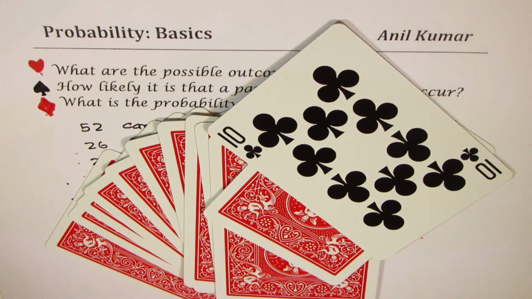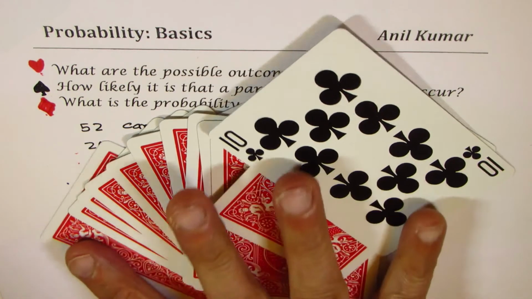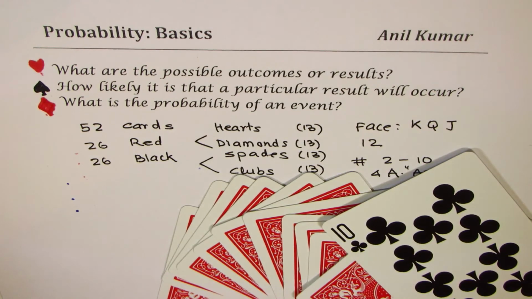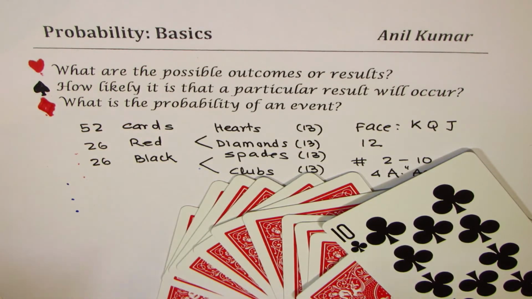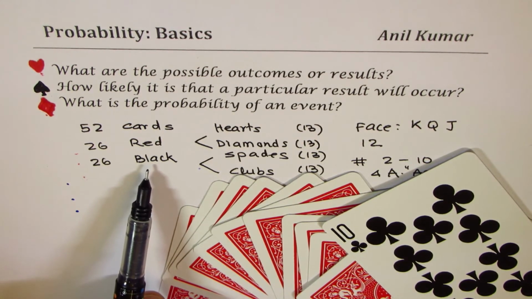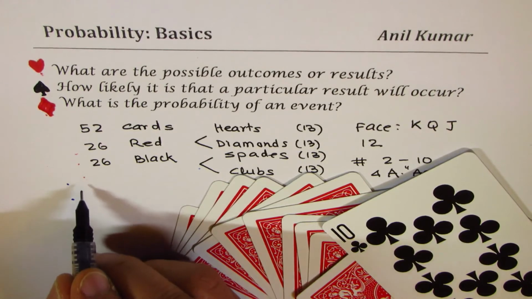Well, I got black, but then it could have been red, right? In this case, as you know, there are equal number of red and black cards. So the probability of getting a red card or a black card is 50-50, right? So we say equally likely.